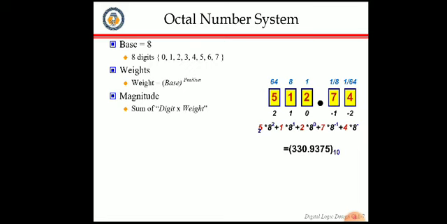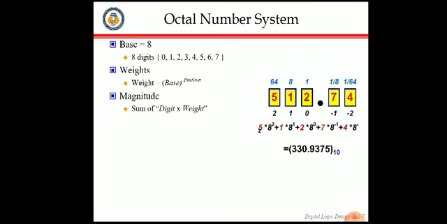Just now we have discussed the general expression. Here in the place of b you have to substitute 8, that's all, and you will get the expression like this. That means express the actual number in terms of its radix.